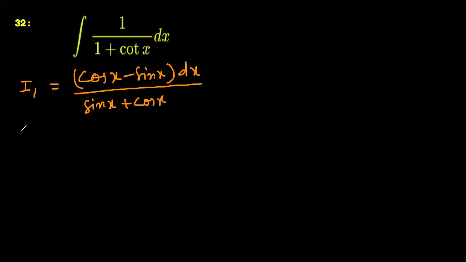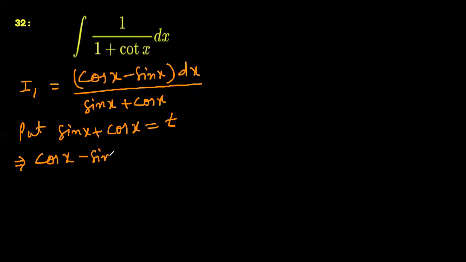Now in this part, put the denominator of this fraction, sin x plus cos x, equal to t. The derivative of sine is cos, and the derivative of cos is minus sin x, so (cos x minus sin x) dx will be equal to dt.